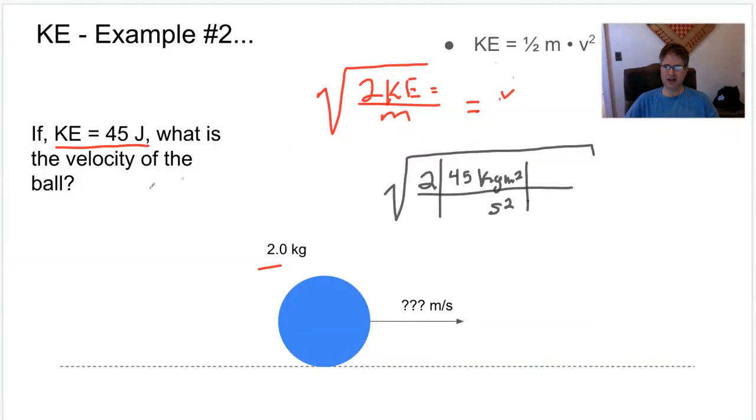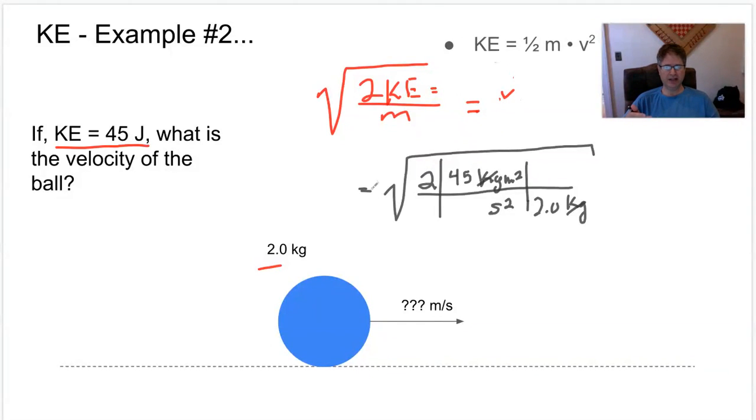And my mass, I'm told, is 2.0 kilograms. I want to show you what happens here. These kilograms go along with that kilogram. Now, when I have meters squared per second squared, if I take the square root of that, I'm getting rid of the squared. So I'm left with meters per second, which is what we want with velocity.